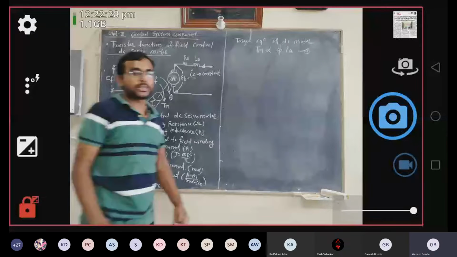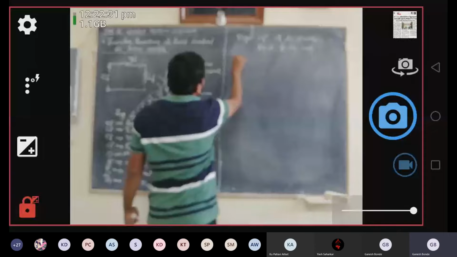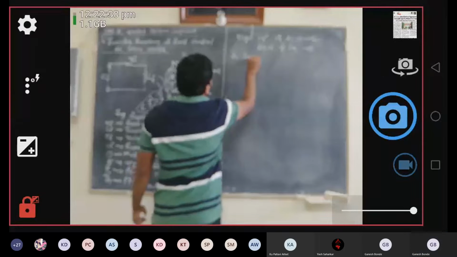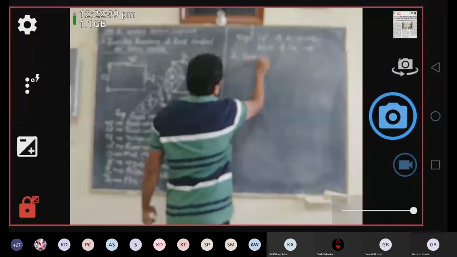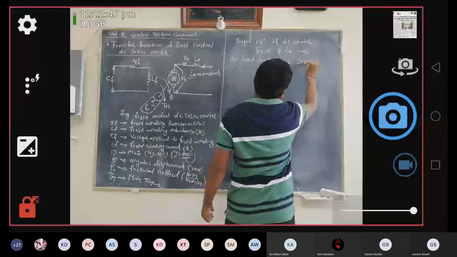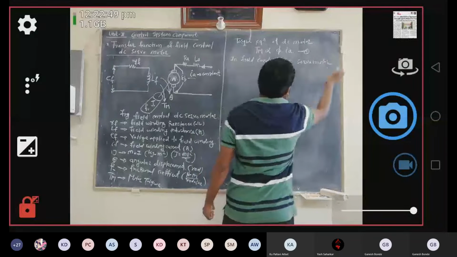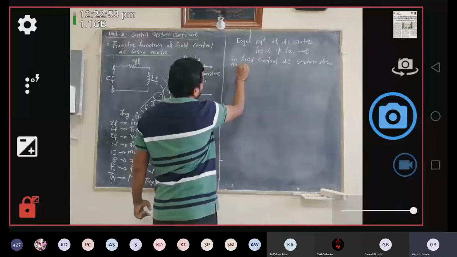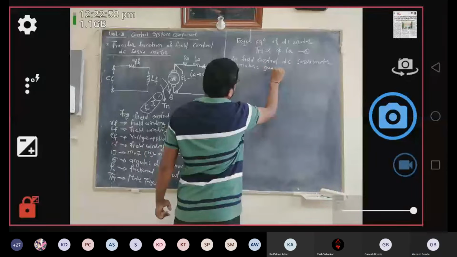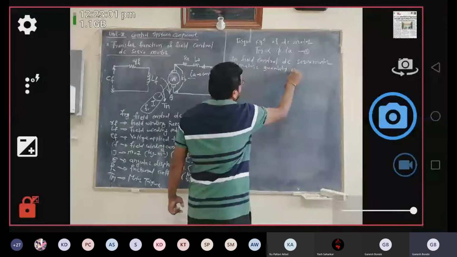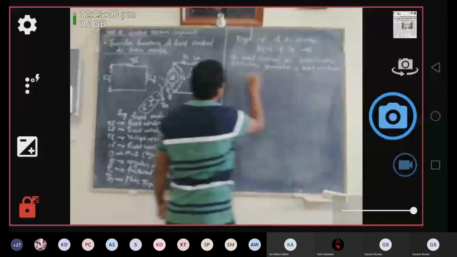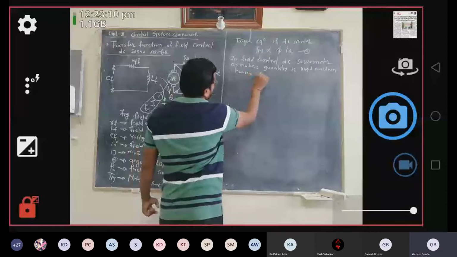Write down next: in the field control DC servo motor, the armature quantity is kept constant, hence Ia is constant.